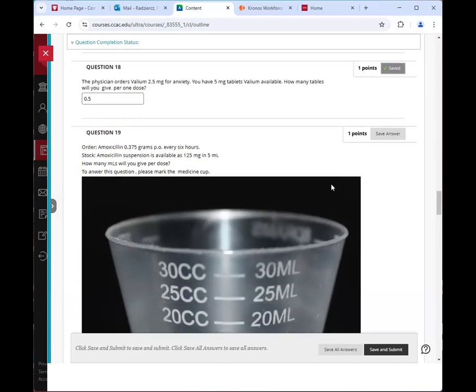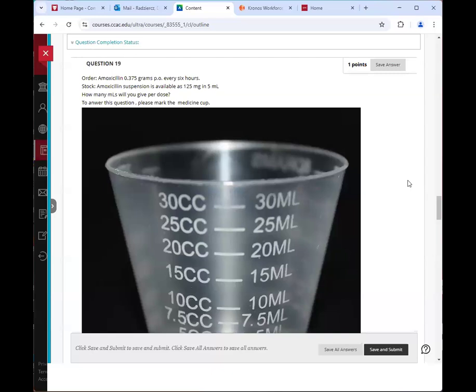All right. Here's another question. They tell us our order is 0.375 grams. So that's important. And then it says every 6 hours. And then it says we have available 125 milligrams in 5 ml. So before you do anything, you have to convert grams to milligrams.